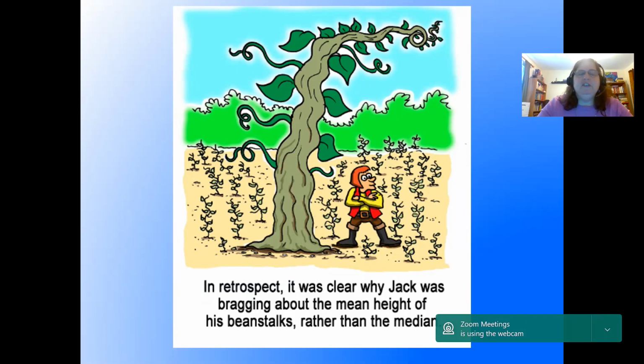Well, you can see he has this one relatively large outlier beanstalk, and if he included that outlier in his mean average, he would get a much bigger number than if he simply took the median. And that's why sometimes when we have really extreme outliers, we prefer to take the median.